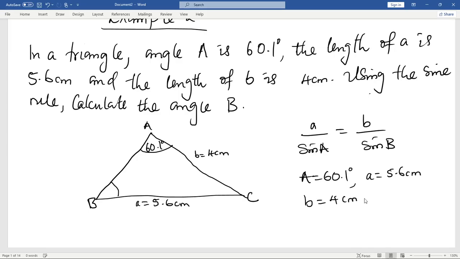What we are looking for is the missing angle B. So we substitute this information into the expression on top.